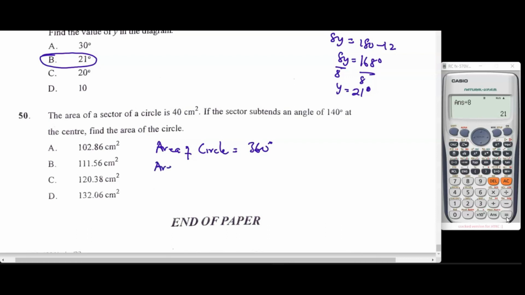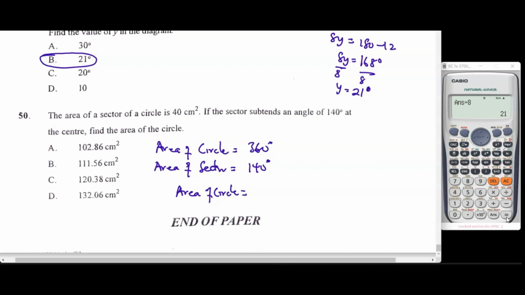Therefore, the area of a sector is compared to the angle inside the sector, which we've been told is 140 degrees. So using the idea of proportion, we can work out the area of the circle. We don't know the area of the circle, so that is what we are looking for.